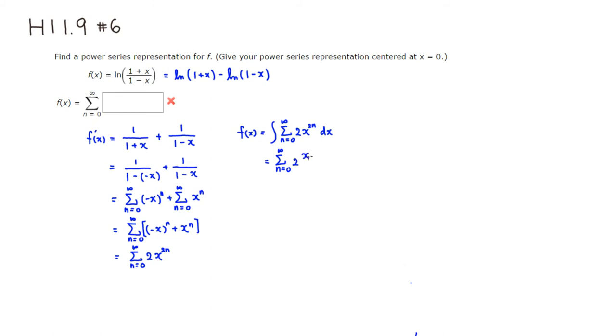So you have x to the 2n plus 1 divided by 2n plus 1, plus some constant c.